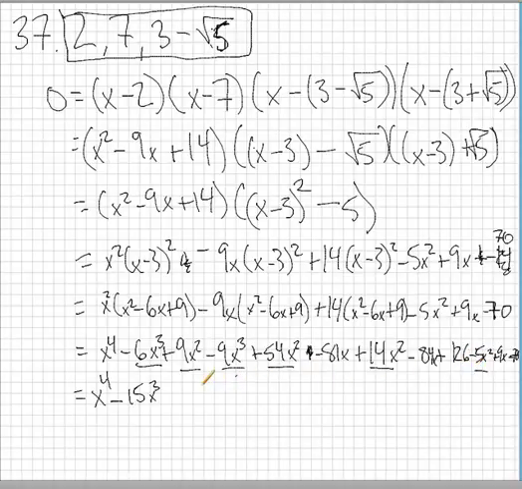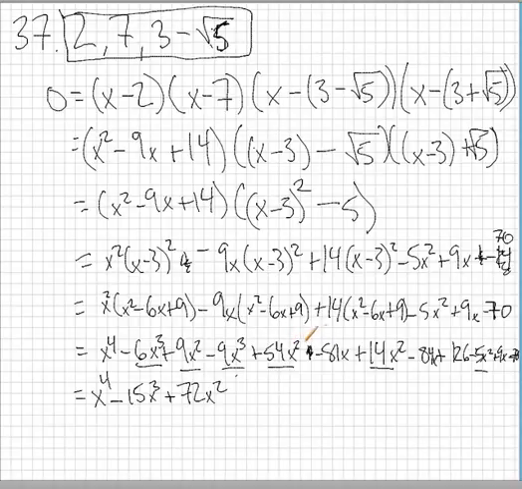So then it's going to be plus 72x squared. So that was 9 plus 54 is 63. And then add another 9 after 14 minus 5 is another 9 is 72.